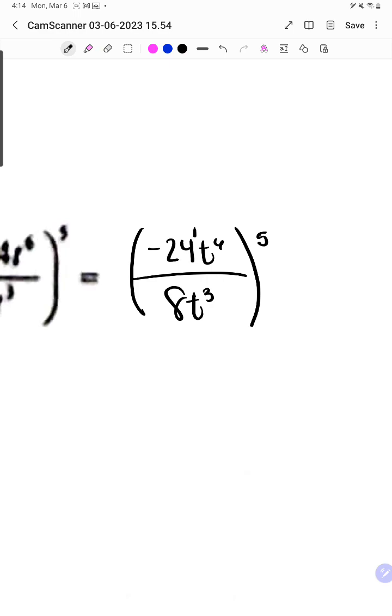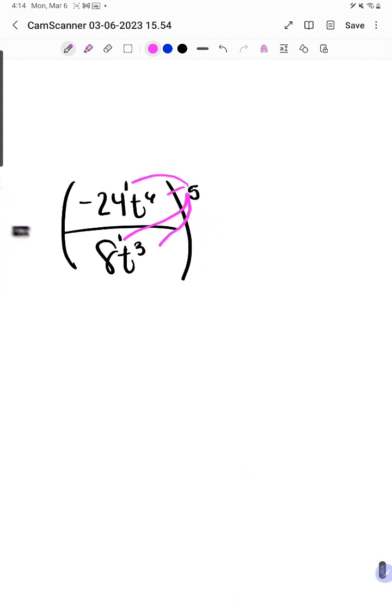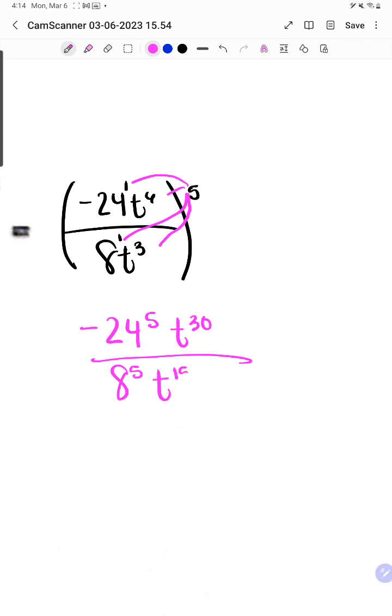We'll have an understood exponent of 1 on -24 and on 8, and we will distribute this 5 to this exponent, this exponent, this exponent, and this exponent. So we'll end up with -24 to the 5th, t to the 30th, 8 to the 5th, and t to the 15th.